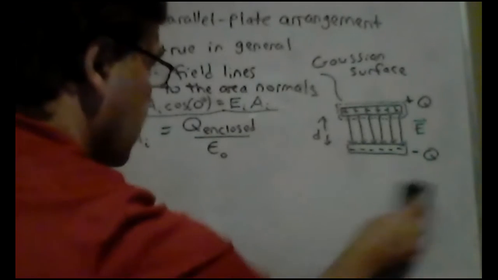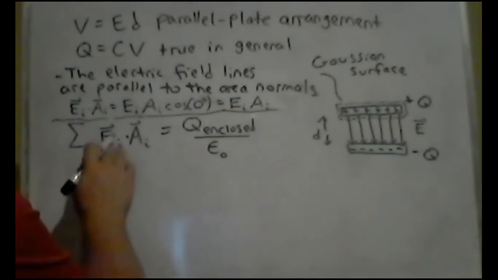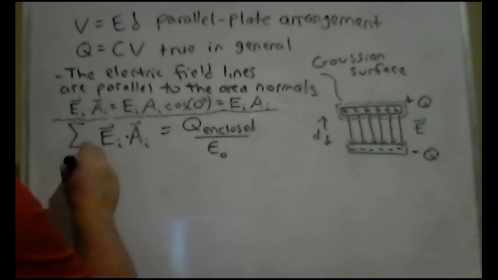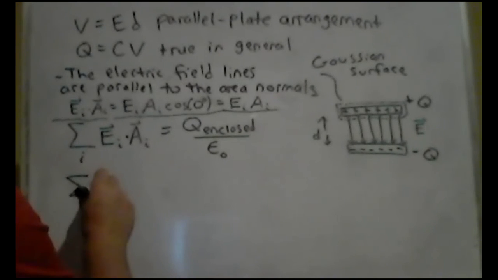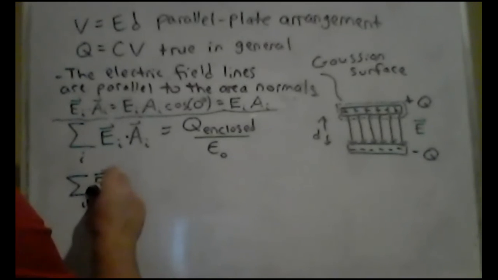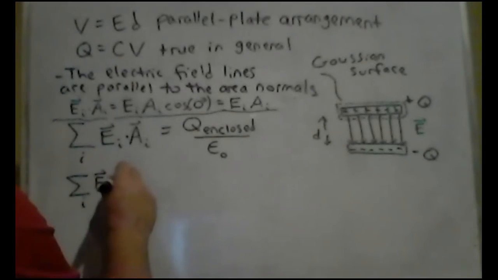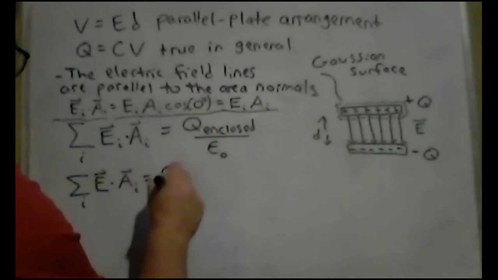So with these facts, as I just said, the electric field is everywhere the same. There is no distinction between one electric field and the other, so I can just call it a constant. So I can write this as a summation over i of E dot A sub i equals Q enclosed.